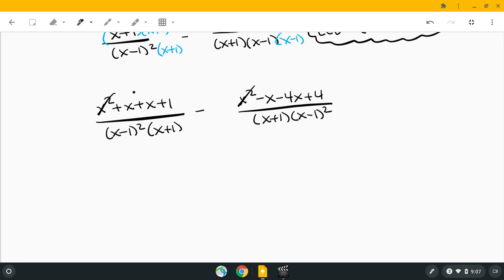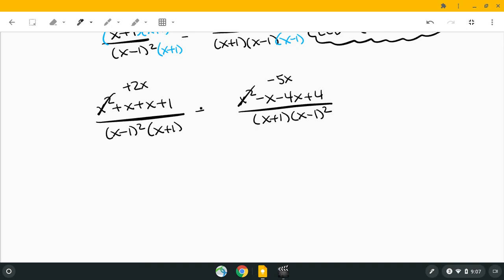So 2x minus negative 5x. If you need to write it down, that's positive 2x, and this is negative 5x. 2x minus negative, so that becomes positive 5x.